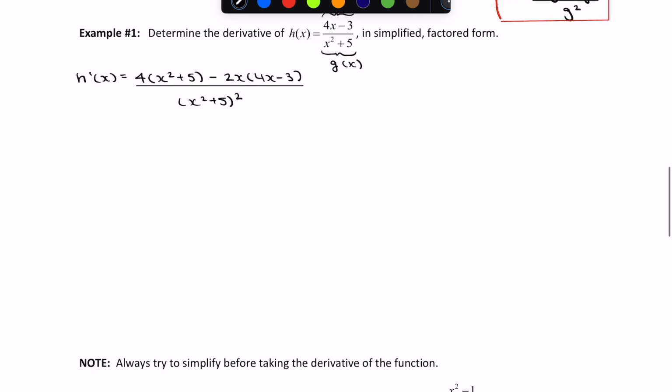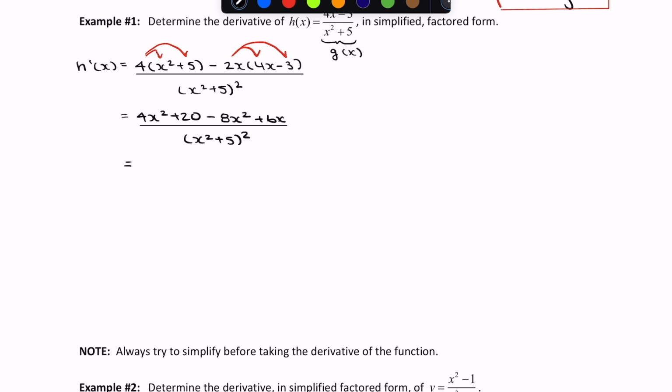Here we can expand it. We'll distribute everything in. So we'll have 4x squared plus 20. Remember that negative 2x multiplies into each of these components, so it's negative 8x squared plus 6x, and that's all over x squared plus 5 squared.